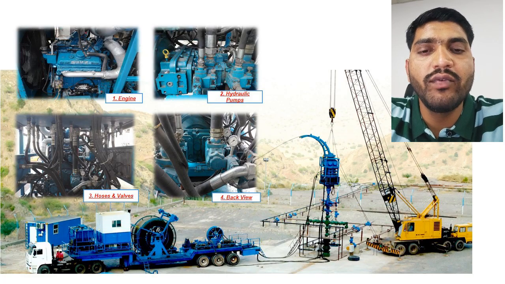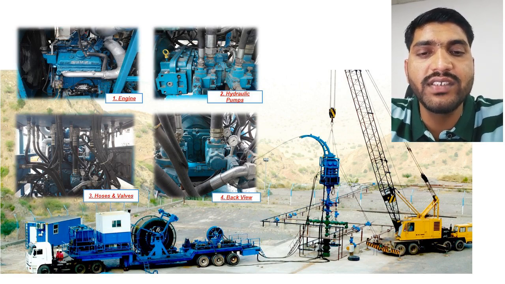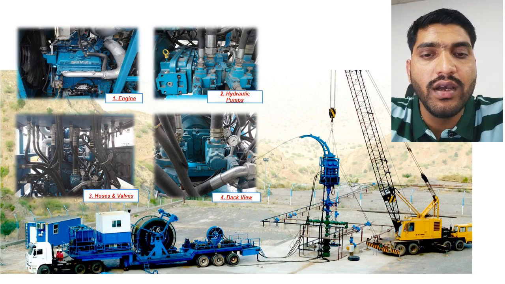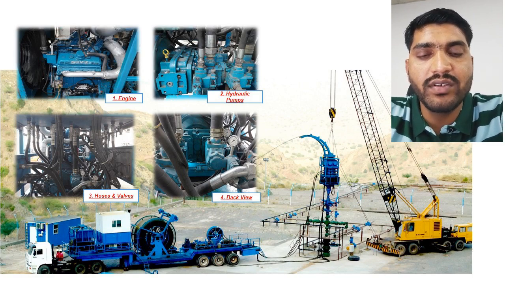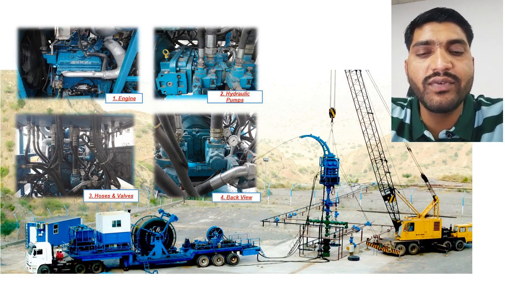Now we can define the hydraulic system as a system which is composed of hydraulic oil, hoses, pumps, strainers, and is used to transmit the power from the power source to the ultimate component which we need to drive.